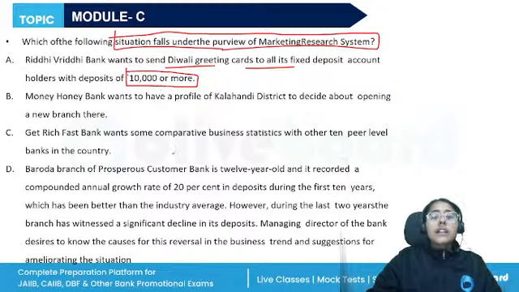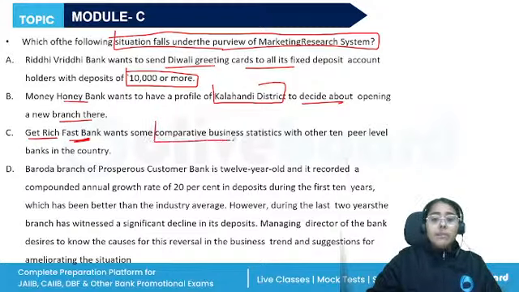Do they need to conduct marketing research for this? The Money Honey Bank wants to have a profile of Kala Handi district to decide about opening a new branch there. Get Rich Fast Bank wants some comparative business statistics with other 10 peer level banks in the country.